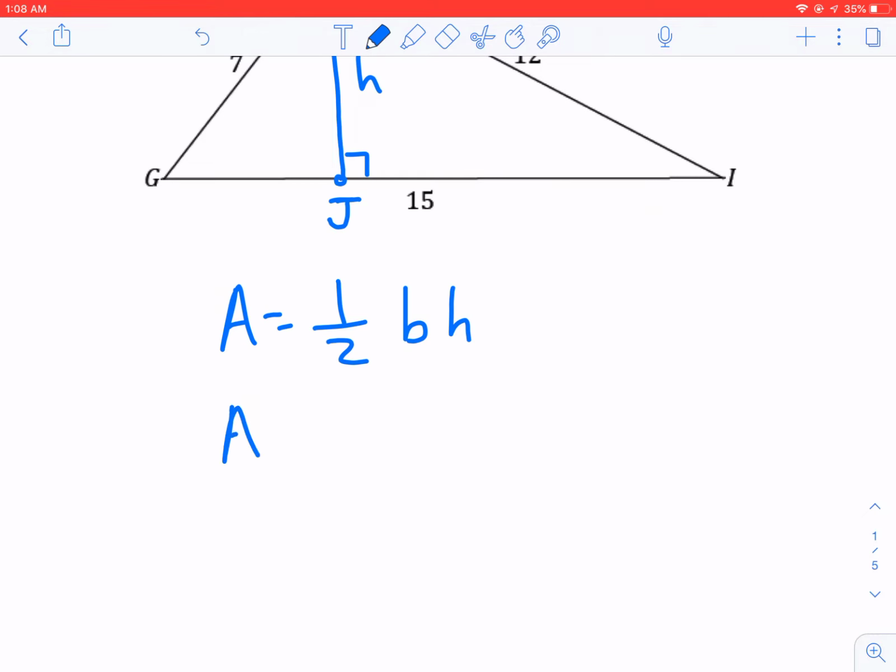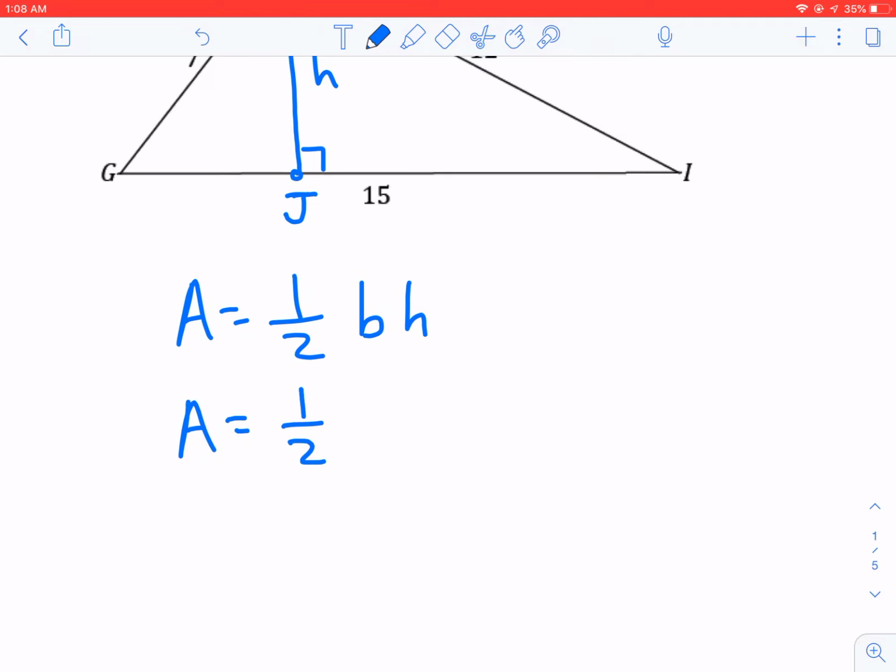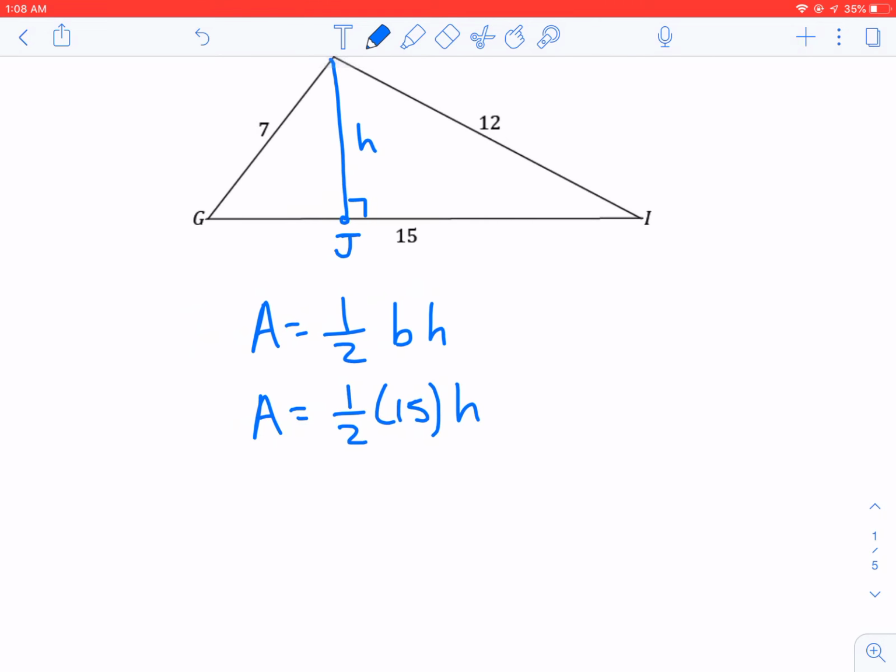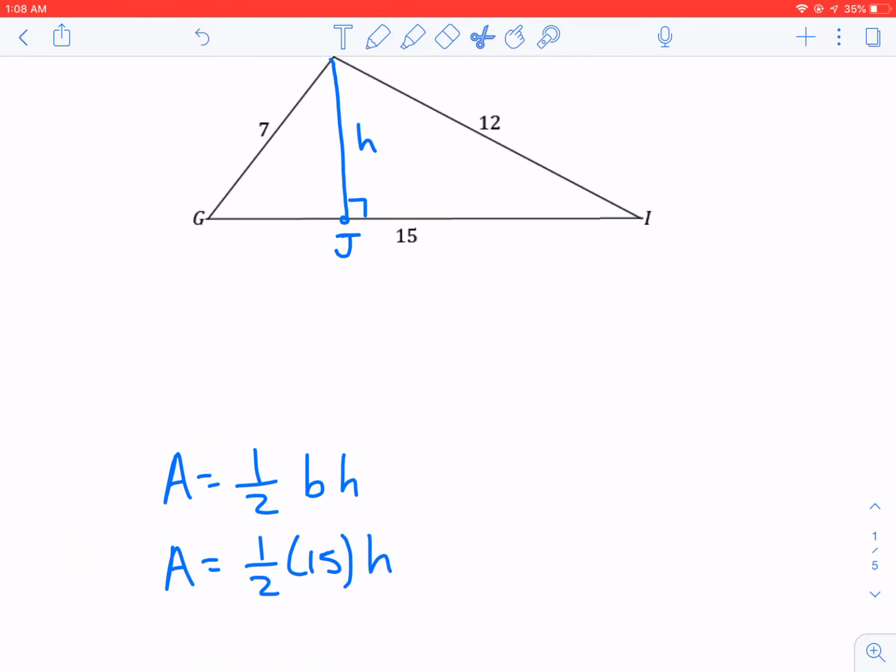So my area as of right now is 1/2. If I'm using that as my height, my base is 15 and the height is the height. So let's try to figure out what that h is equal to.